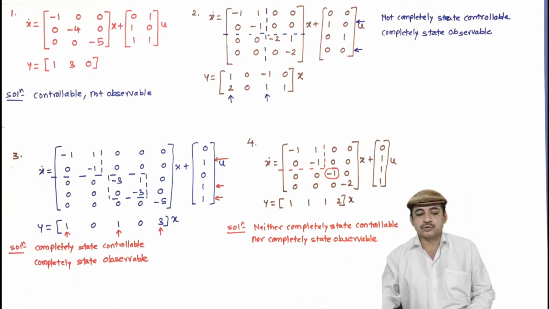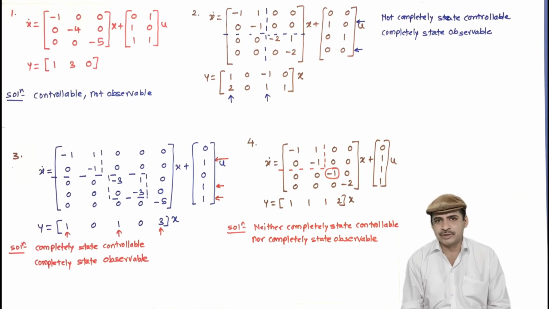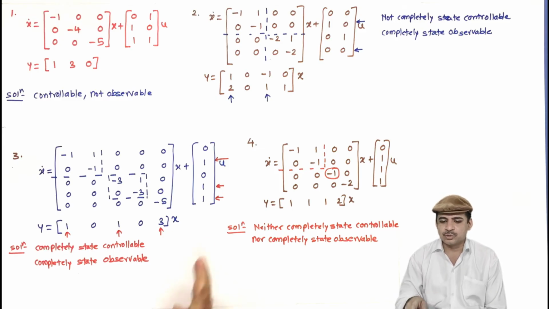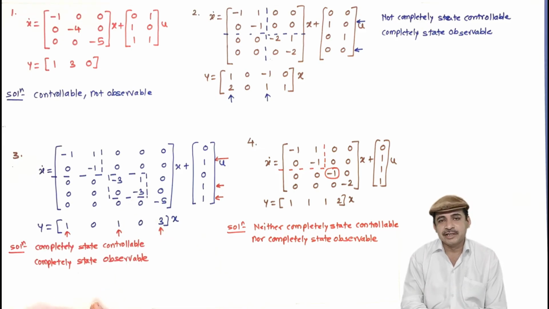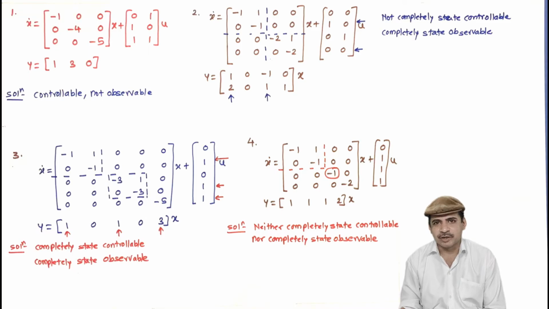Okay, so far we have seen two methods to investigate complete state controllability and complete state observability. Also here through the Gilbert test we have seen the utility of the canonical forms. The Kalman test can be utilized for any form of state model. There is no limitation, but you have to perform the calculations.